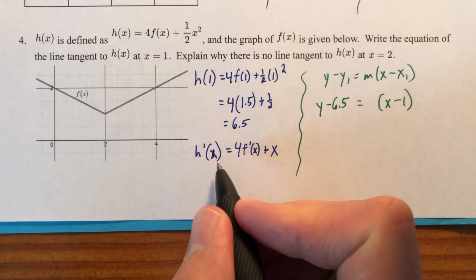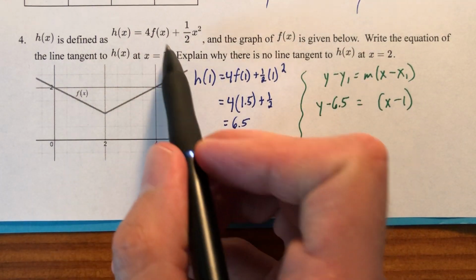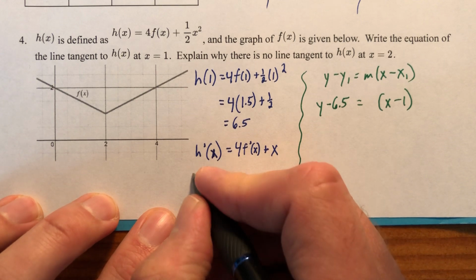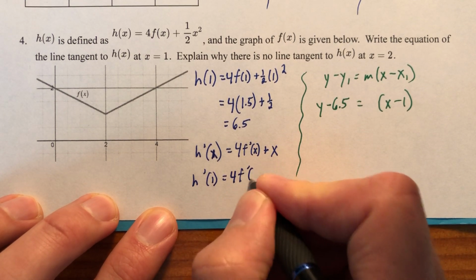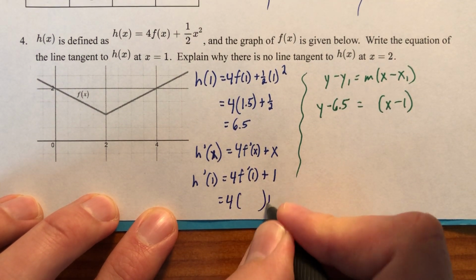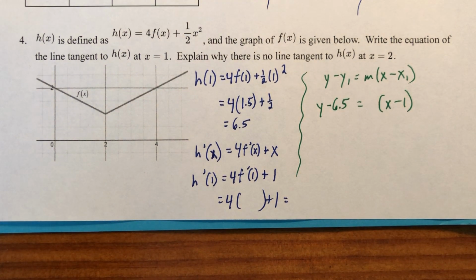Well, what's h look like? I don't know what it looks like. This is part of it, but then there's more built around it. Sometimes we don't have a visual. But I need to know the slope of h at 1. So I'm going to go 4f prime of 1 plus 1. So 4 times something plus 1, which will give me something, and we'll go from there.